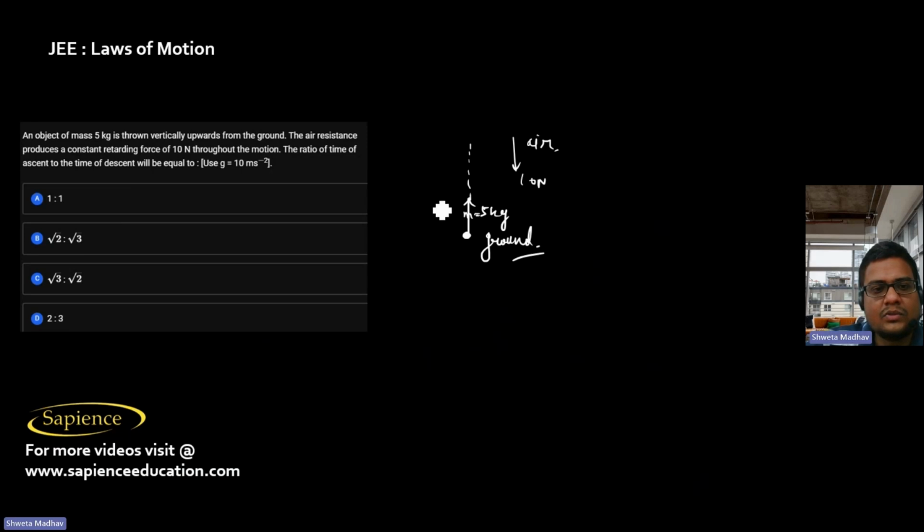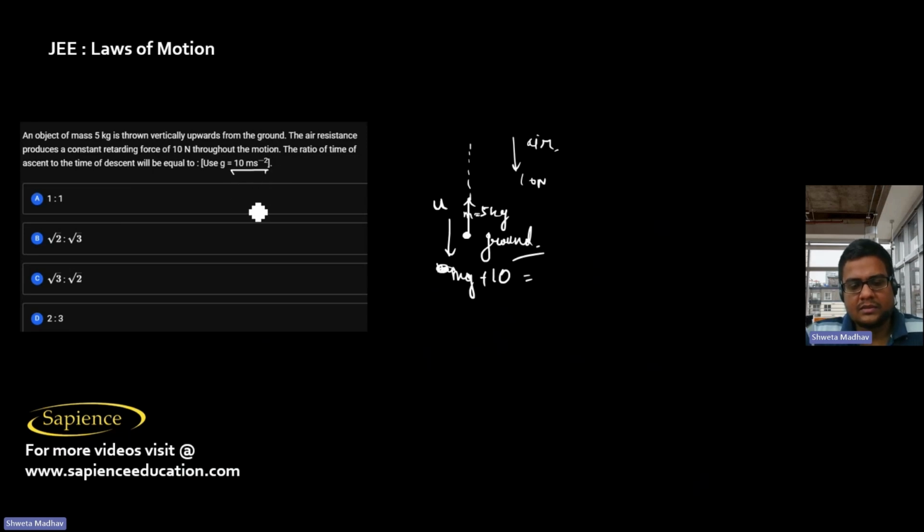So suppose it is thrown upwards with an initial velocity u. Then the retarding force when it is going upwards is mg plus the 10 Newton. Its mass is 5 kg, so g we can take as 10 meter per second square.